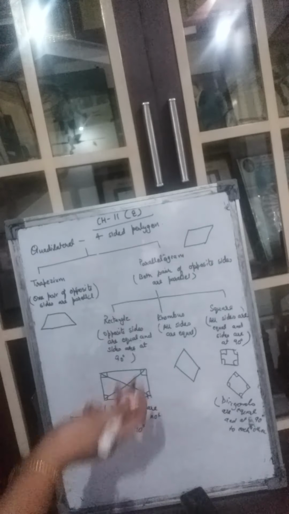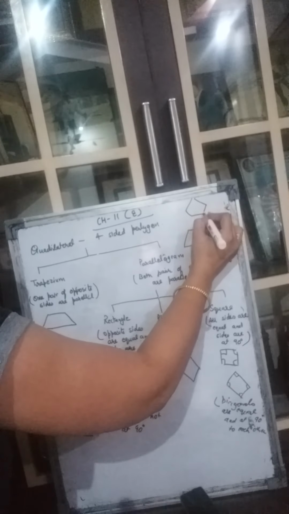Okay. Eighth: a figure is said to be regular if its sides are equal in length and angles are also equal in measure. Can you identify the regular quadrilateral? Suppose it is a pentagon. Pentagon means having 5 sides.